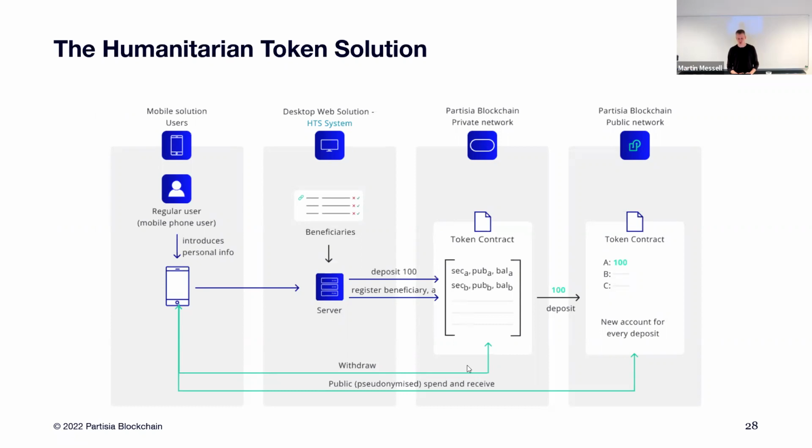First the private part of the token contract, and then the public part, where we have introduced a private part to ensure that the ICRC cannot follow the money and do not know who is behind these pseudonyms on the token contract.